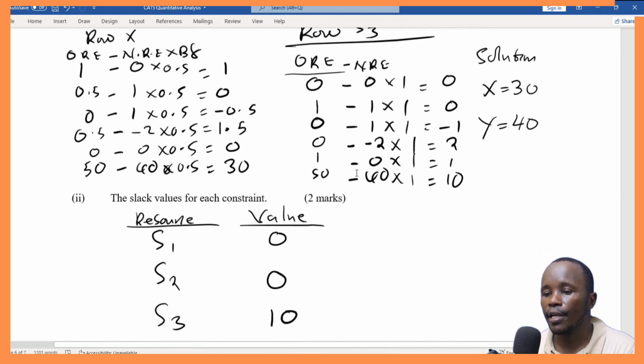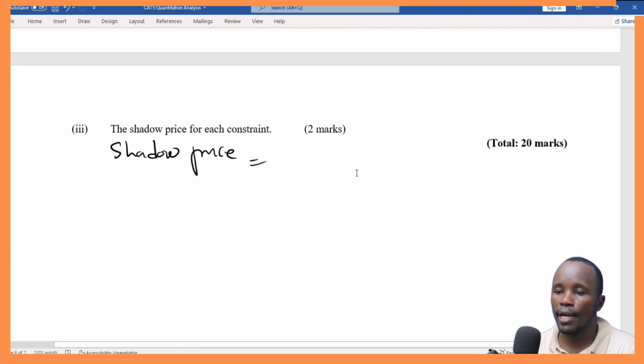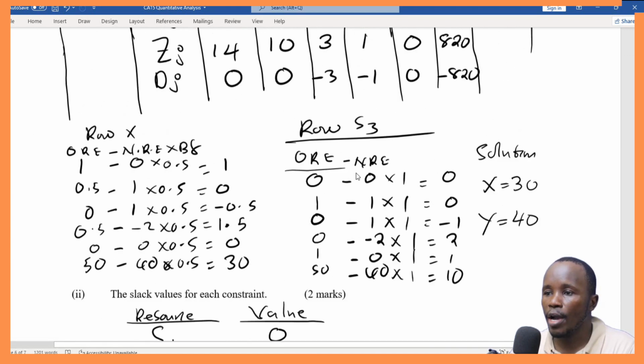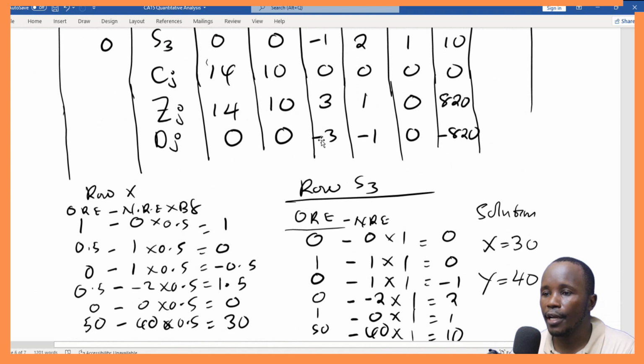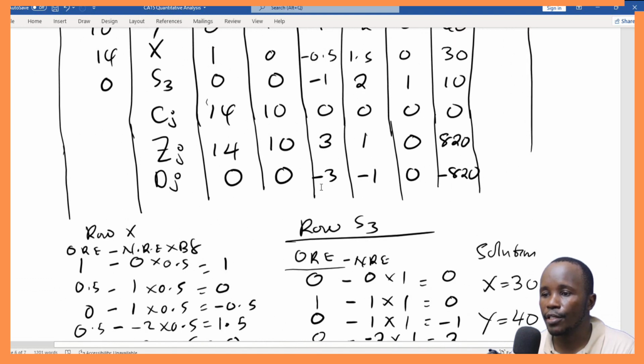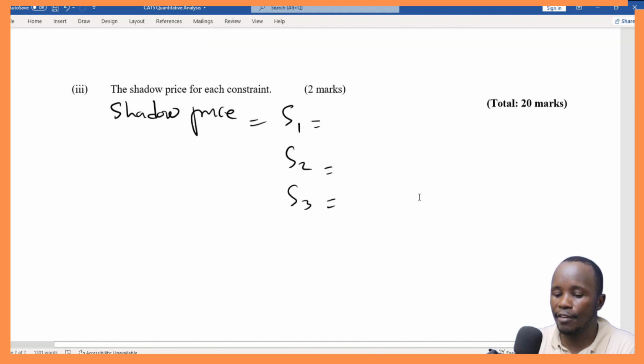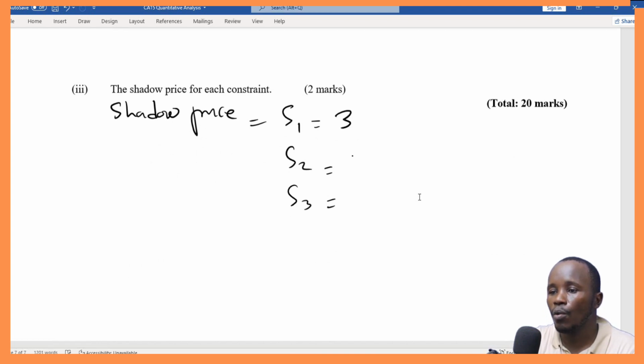These are the shadow prices. You come and read in your table S1, S2, S3. These are the Dj's, the shadow prices: -3, -1, 0. So we include the negative, by the way. Here we don't indicate negative. This is 3, 1, 0.